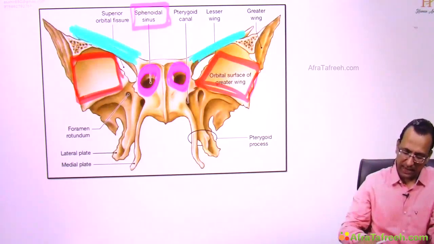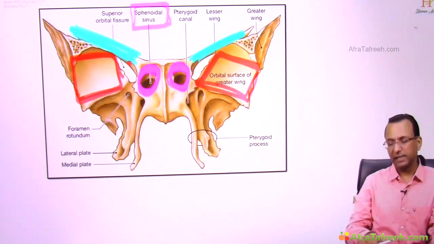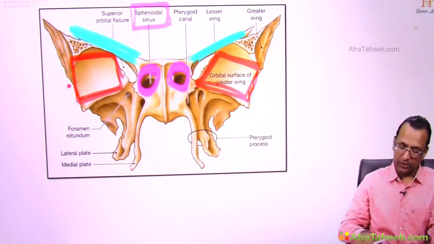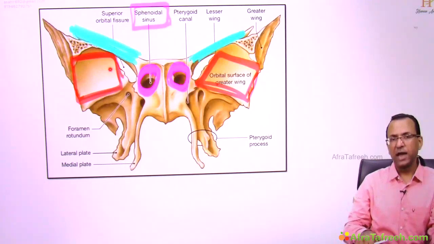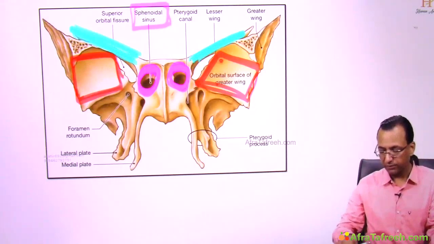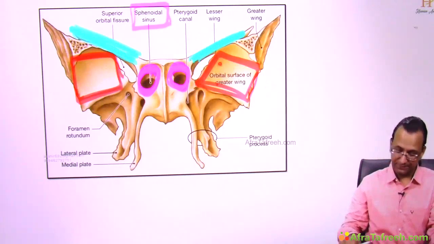And between the lateral wall of orbit and roof is superior orbital fissure. Lesser wing of sphenoid is the roof of orbit, and greater wing of sphenoid is the lateral wall of orbit. Yes. This is superior orbital fissure, which is between lesser wing and greater wing of sphenoid.